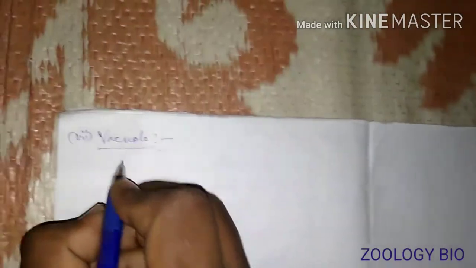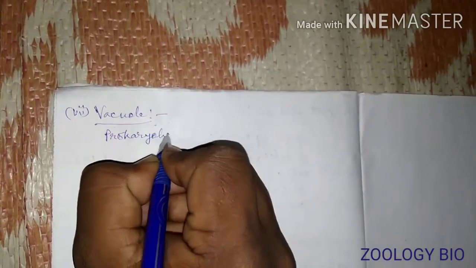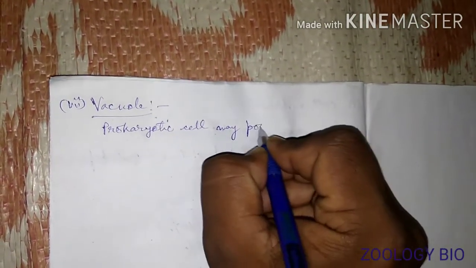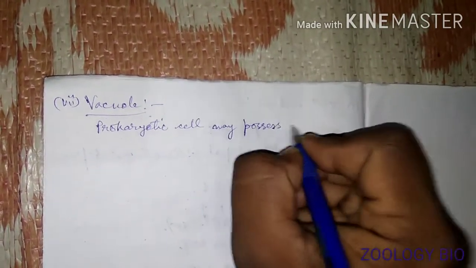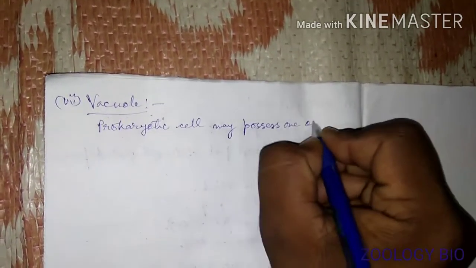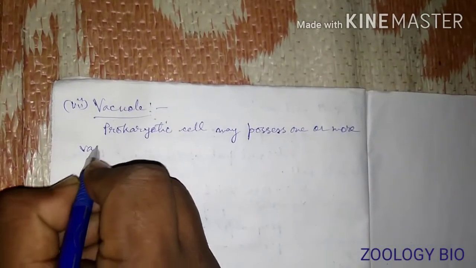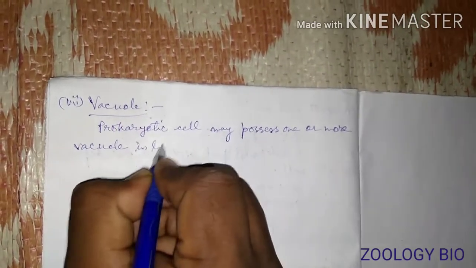And the vacuoles. A prokaryotic cell may possess one or more vacuoles in the cytoplasm.